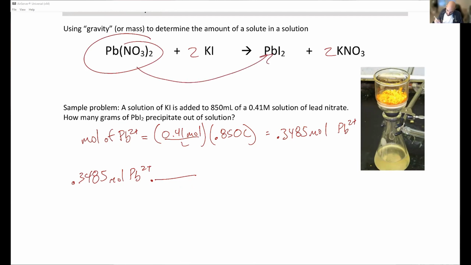Another way of saying it: if I have 0.3485 moles of lead, I also have 0.3485 moles of lead iodide. Now let's just convert this to grams. So moles of lead iodide over grams of lead iodide, and you can do that math and solve it. That's the calculation that we're doing.